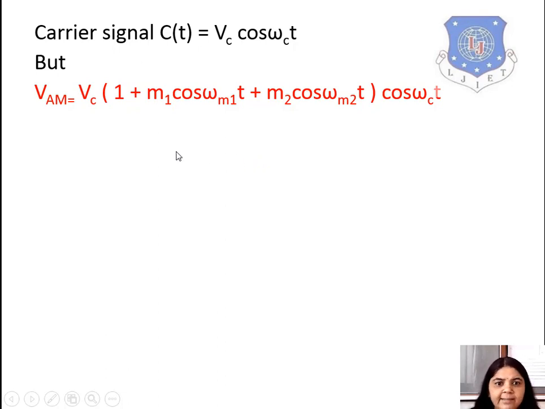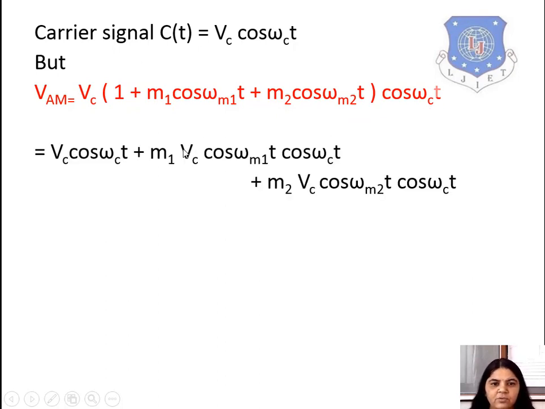Over here we are taking two modulating signals. So it is Vc in bracket 1 plus the one modulating signal having the modulation index m1, so it is m1 cos omega m1t, plus the other modulating signal having the modulation index m2, so it is m2 cos omega m2t, into cos omega ct.